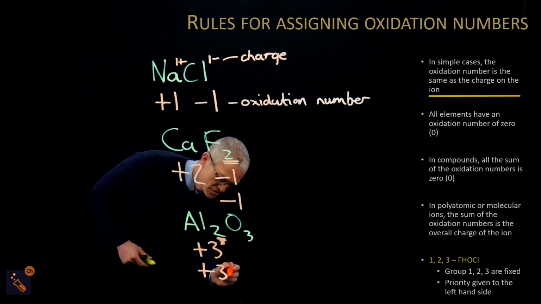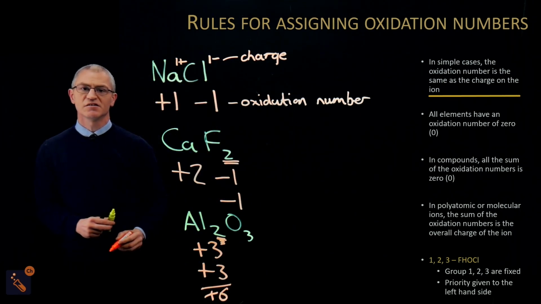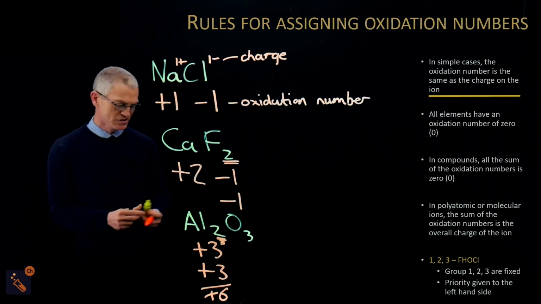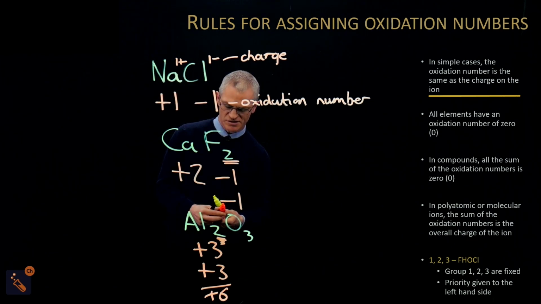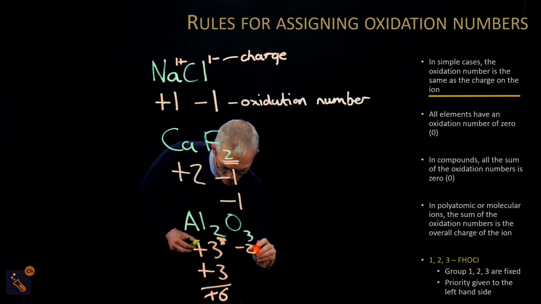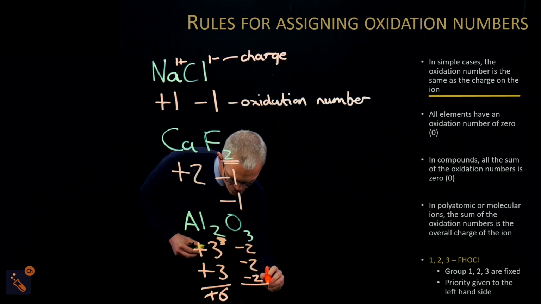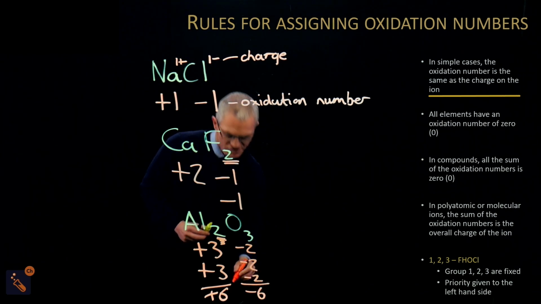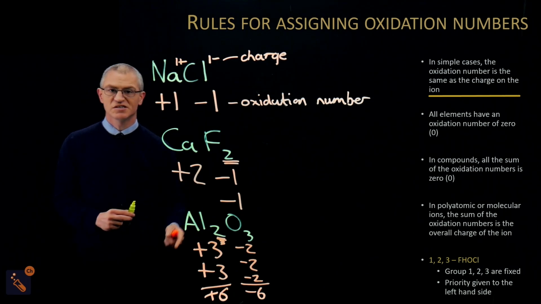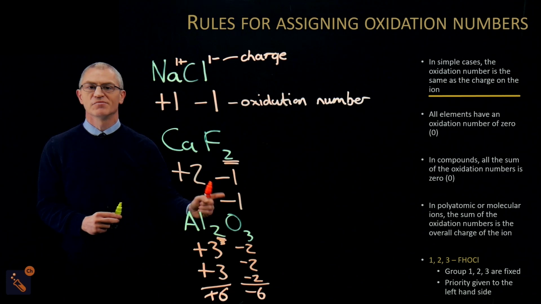I've got 3 of them, so therefore we will do -2, -2, -2. That will equal -6. And that means the oxidation number of the oxide, or the oxygen, is -2.